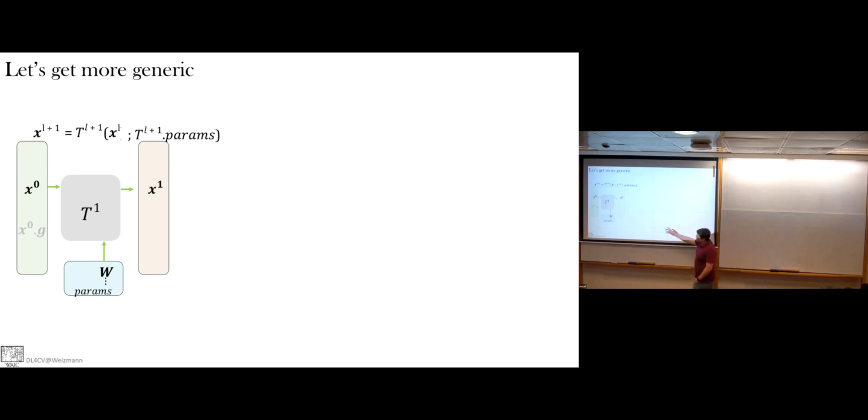So actually X1 is the output of this function of the input X0, but also of the parameters W. So we are starting to think about layers as functions that get both parameters and input values, and then output the next layer. So it's a function of two things, also the parameters.